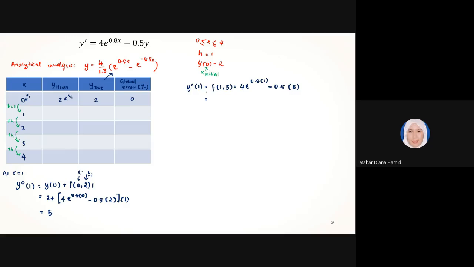So this would be from the equation itself, where we are going to find the slope.